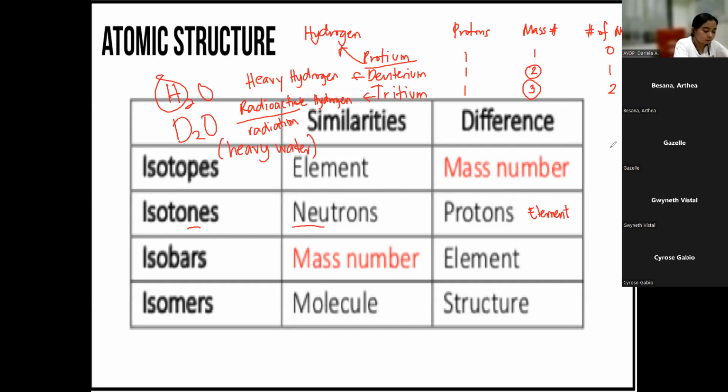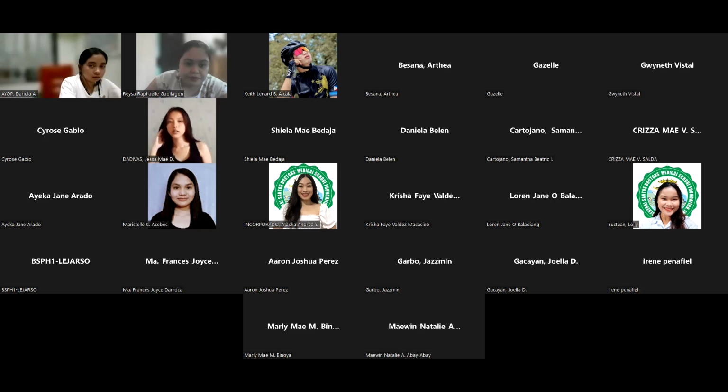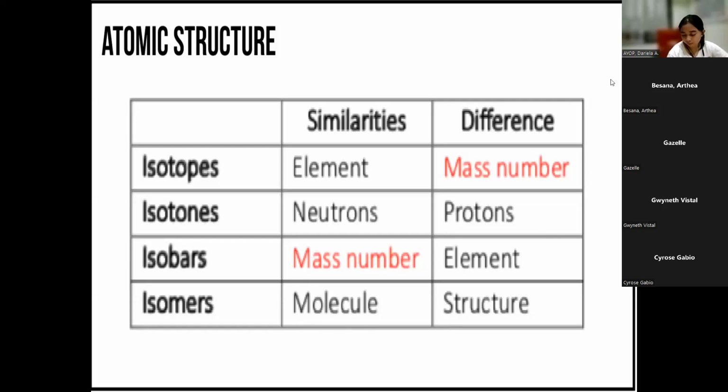what's the periodic table? Wait lang ha, let me check our periodic table. Okay. Let's have the helium. Si helium class, this is 4,2, meaning si helium ay may dalawang protons, dalawang electrons, and dalawang neutron.